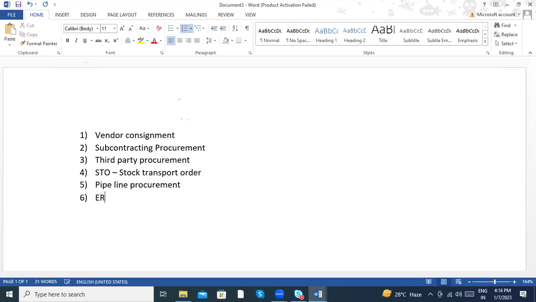Then evaluated receipt settlement, and direct consumption.